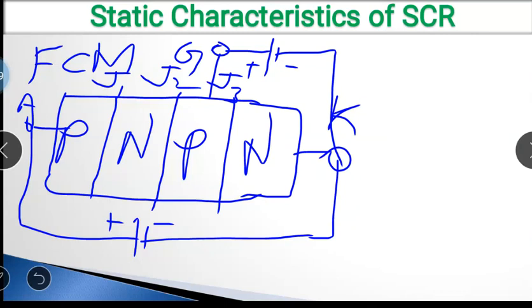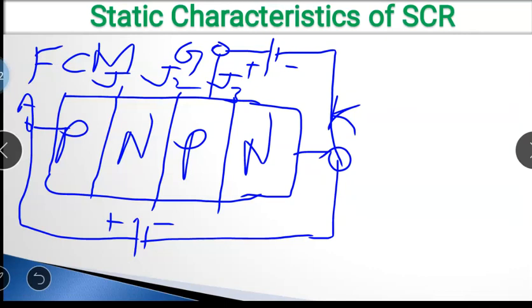So if we provide a positive pulse to this gate, then what will happen? Here is N, the outermost layer. The outermost layer is heavily doped, so its density of electrons is more compared to the other layers. So by connecting the gate terminal to this supply, there are more electrons and they are forced to break this junction.